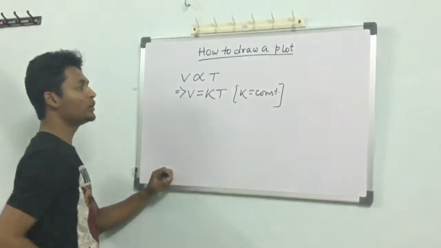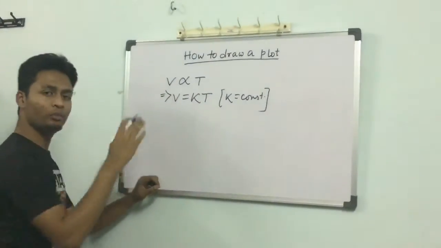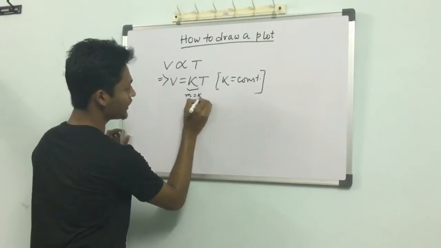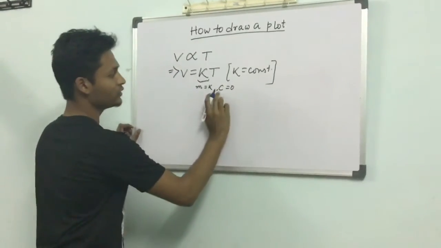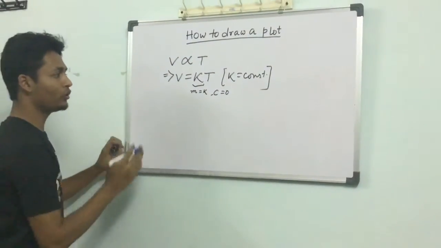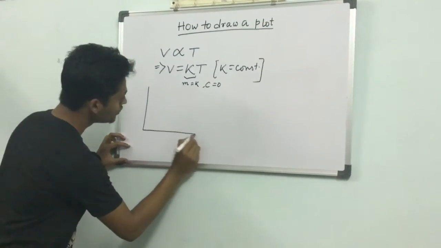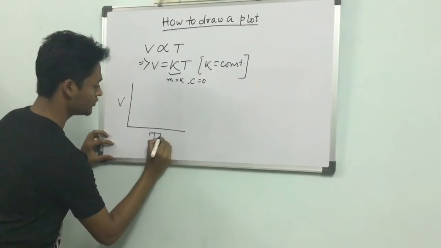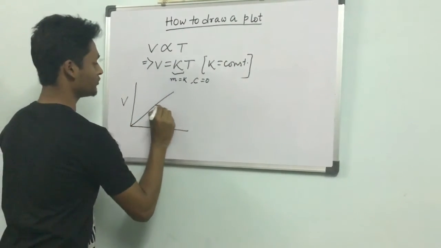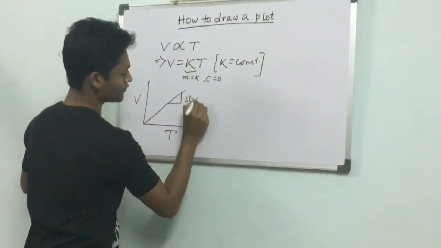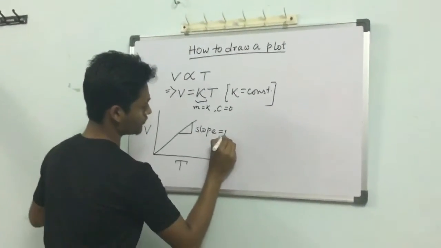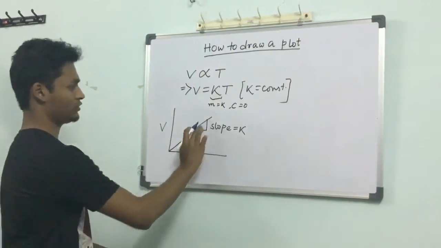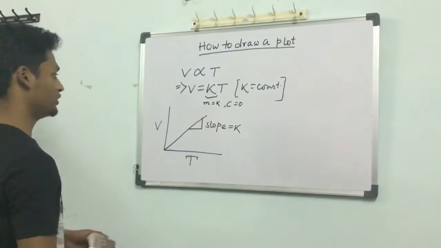So it will give a straight line if we draw a plot between V versus T, with slope m equal to K and c equal to 0. So there is no intercept, and it will go through the origin. Let me draw: this is V, this is T. There is a common practice to show the slope by drawing a triangle, that's why I am doing this.